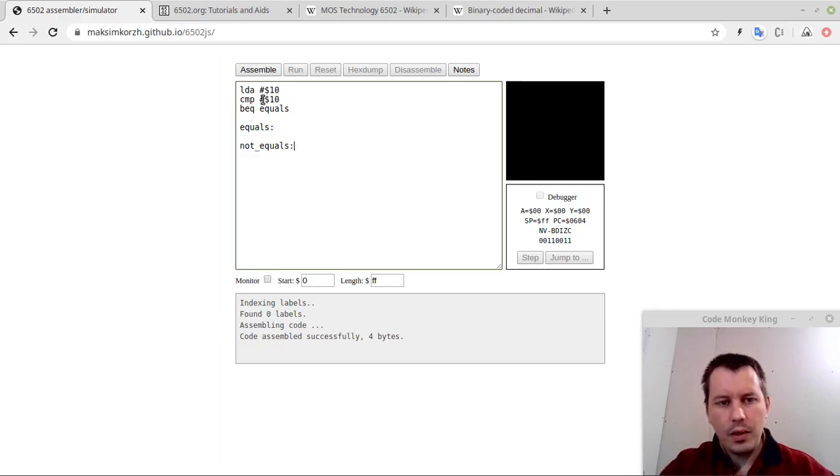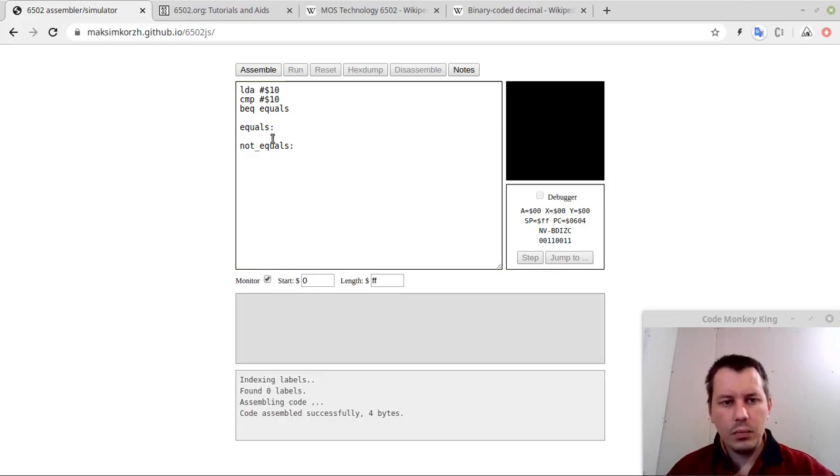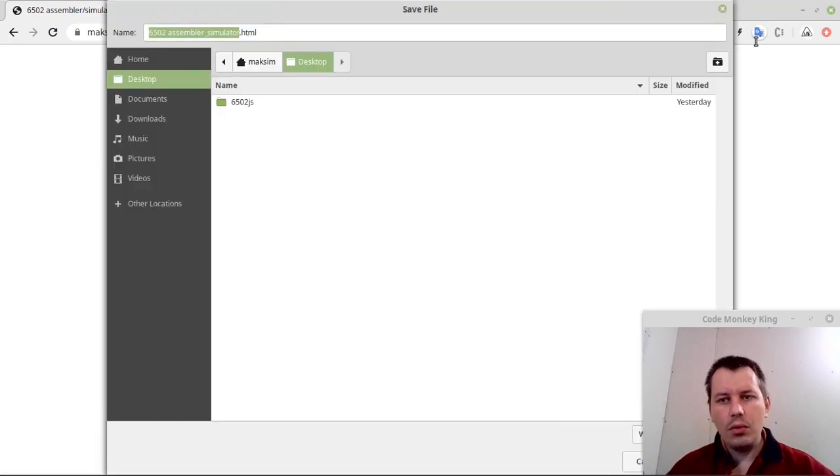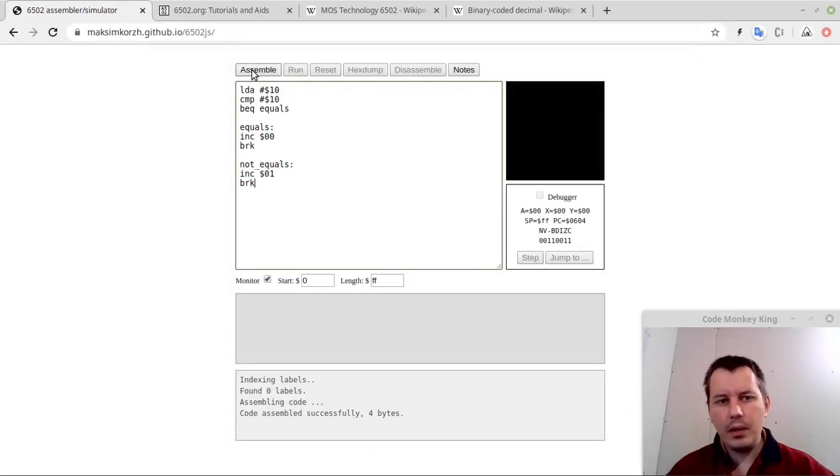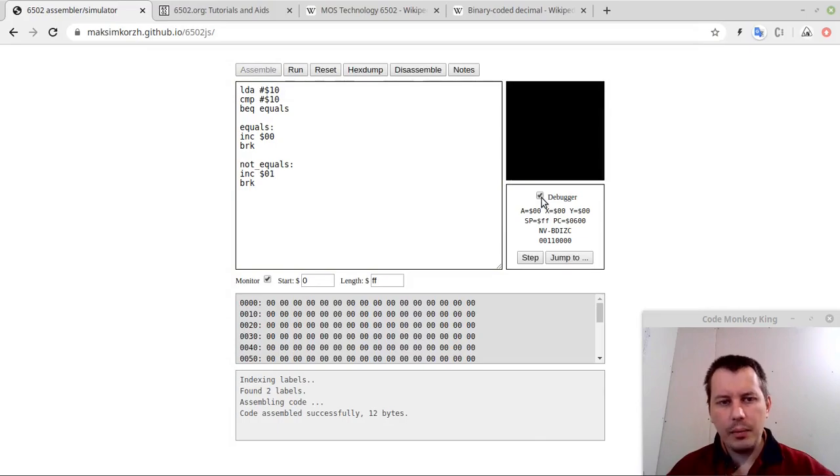Just to make sure that it works, we increment the first memory address by 1, and then break, so we're no longer going after. And here let's say we increment the second one. Okay, and break. Now let's assemble and start the debugger.